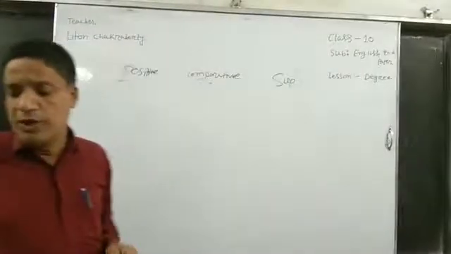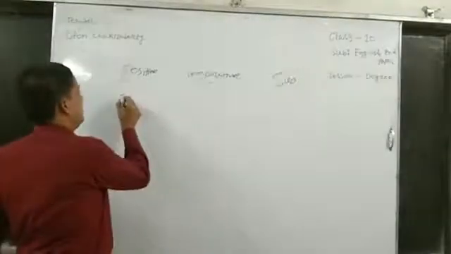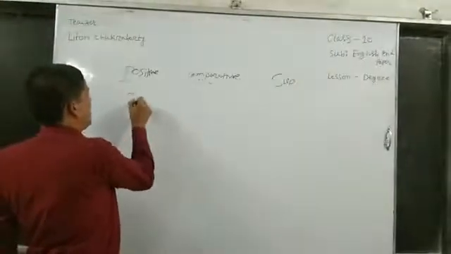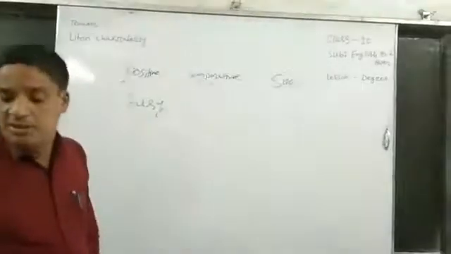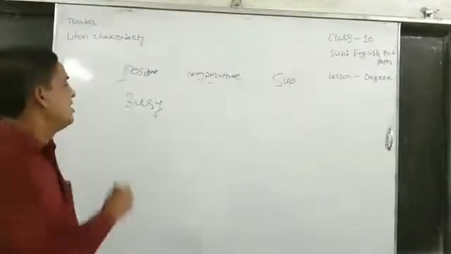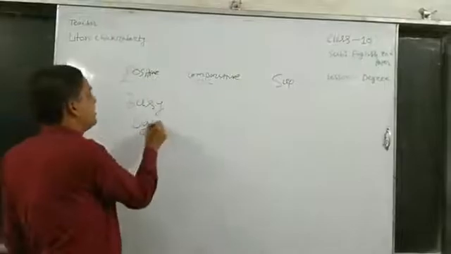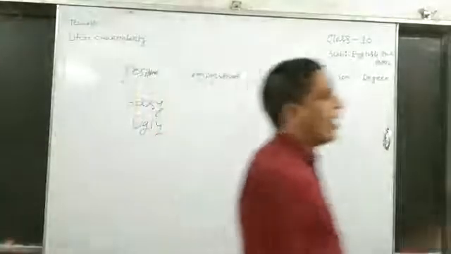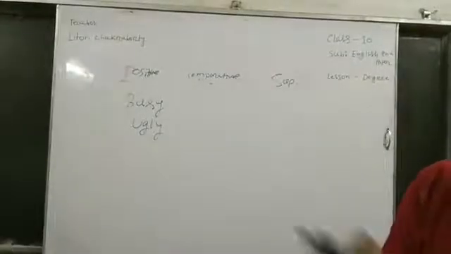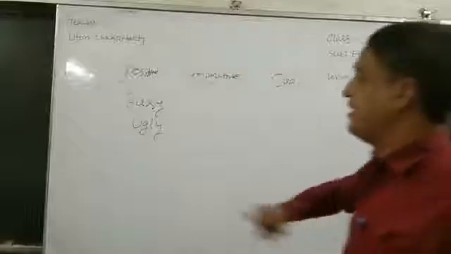Now you will get some adjectives whose last letter will be Y, like busy, ugly. Where did I write on the blackboard? Busy. Why?